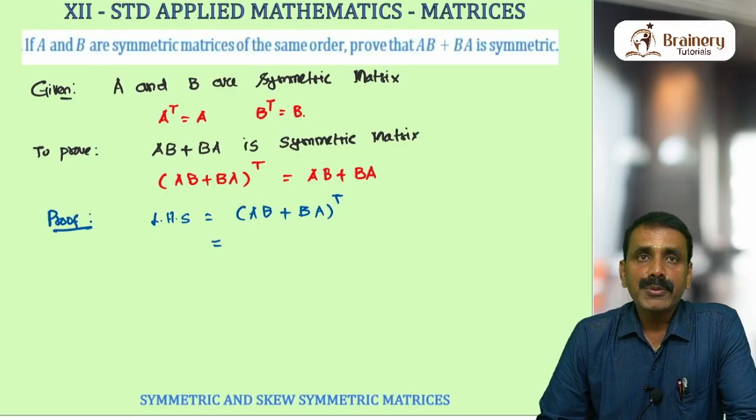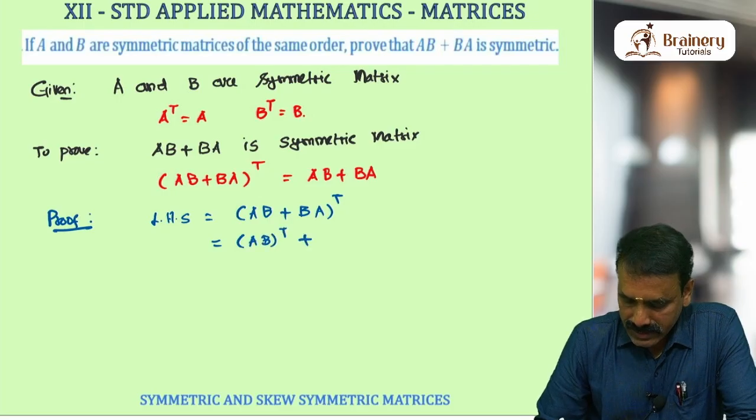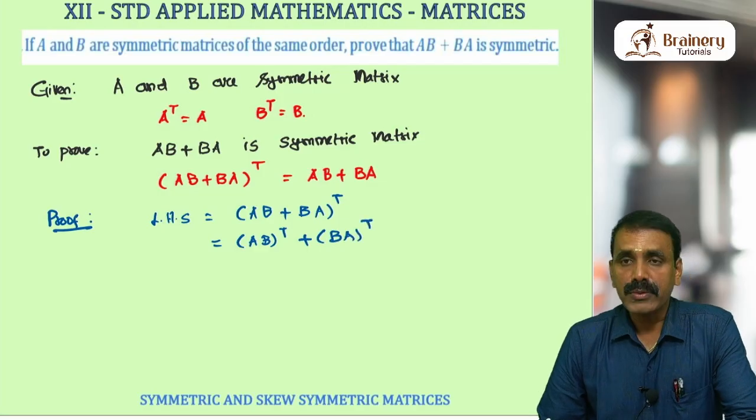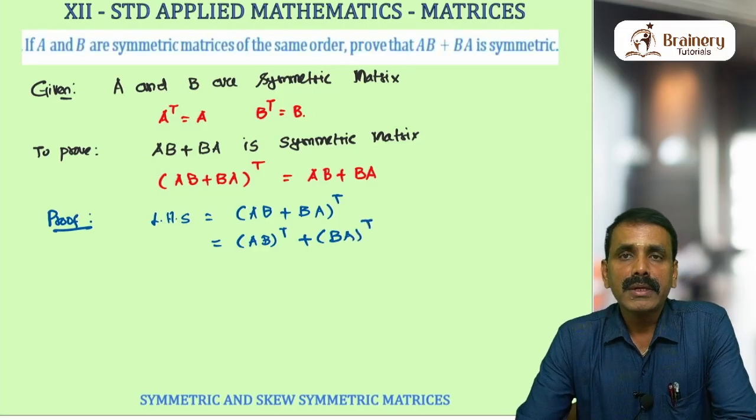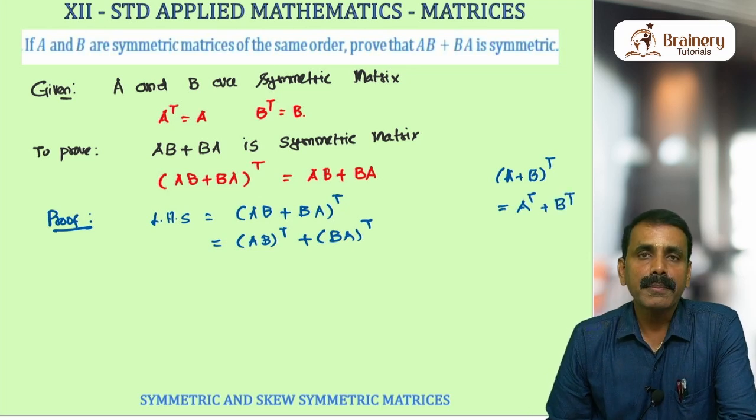By the property of transpose of a matrix, this can be rewritten as AB whole transpose plus BA whole transpose. Is it clear? That is, A plus B whole transpose can be rewritten as A transpose plus B transpose. That's it. Very simple.